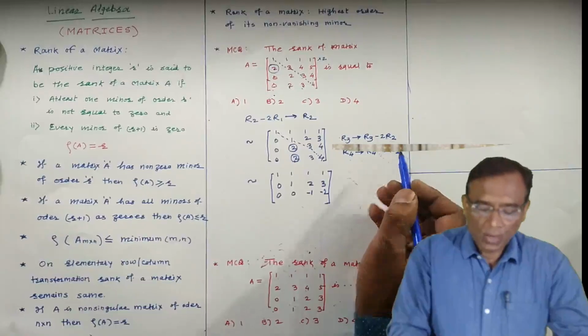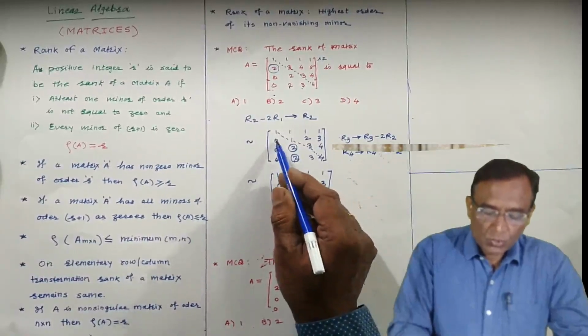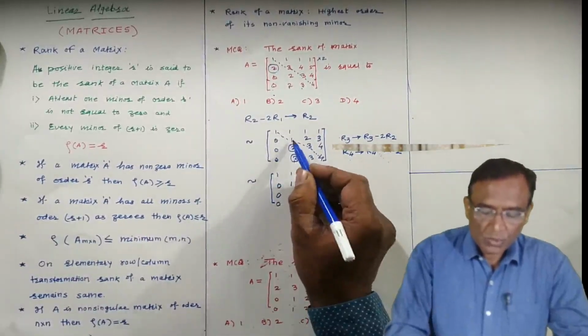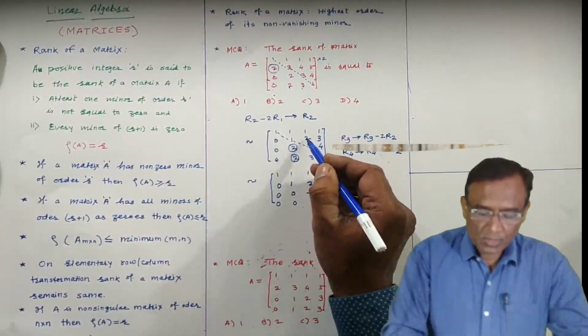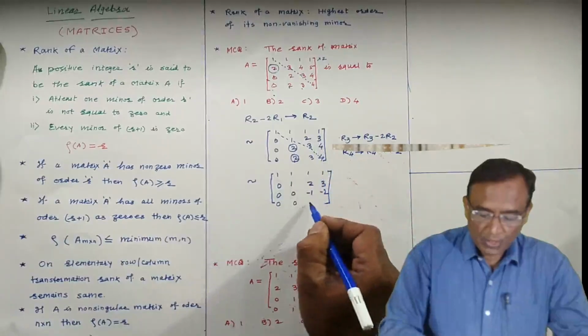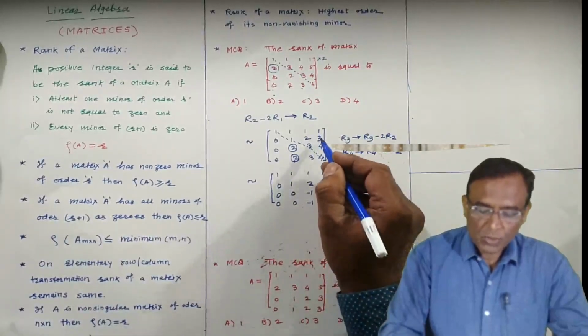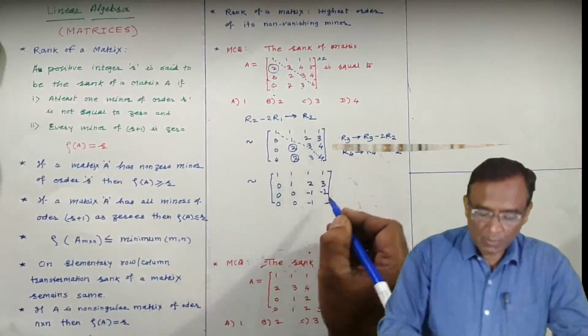R4 minus 2R2 now. This minus 2 times this is 0, this is 0, 3 minus 4 is minus 1, and 4 minus 6 is minus 2.